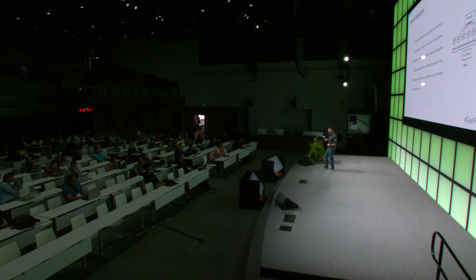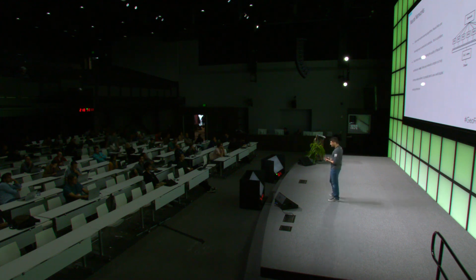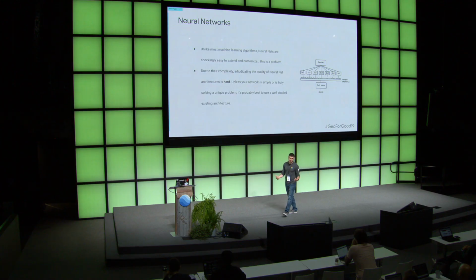I have my conv layers here, I've got my dense layers here, and I'm just going to stack them together, and look at me, I'm making a neural network. Because neural networks are so easy currently to extend and customize, everybody does it, because it seems like the right thing to do. But as these parameter counts increase, it becomes very difficult to interpret what the model is actually doing, such that you can iterate on a neural net.